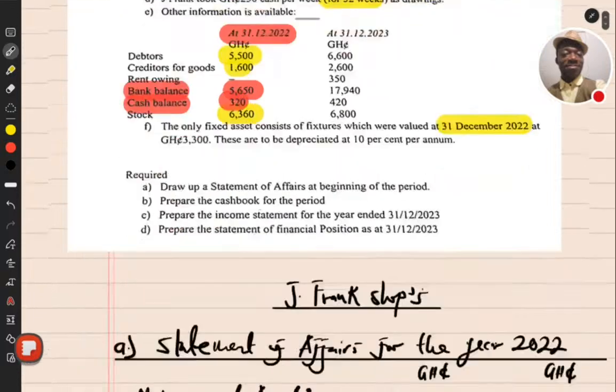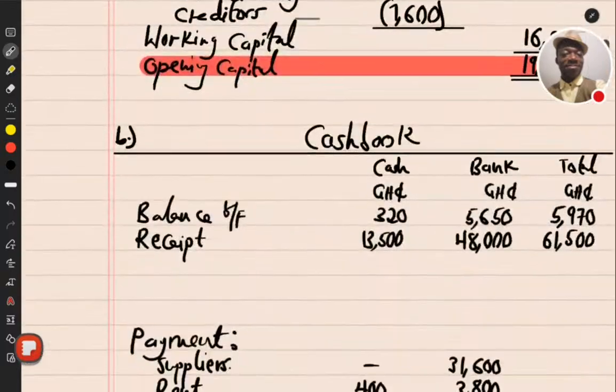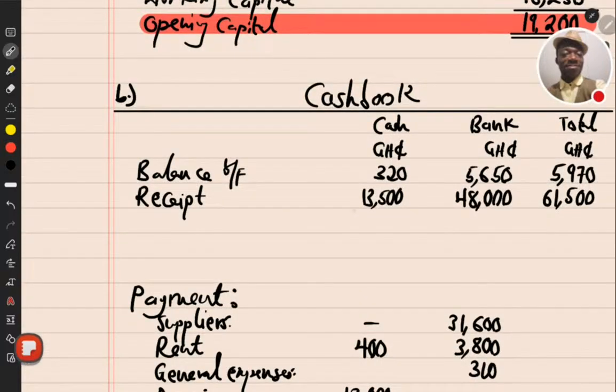And then that's the receipt. I just want to do our addition so that we can flow. So we add them, we add them, we add them. Here you're supposed to get 13,820. Here we are getting 0, 5, 6.